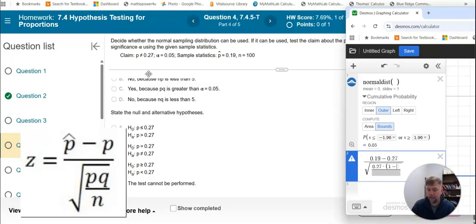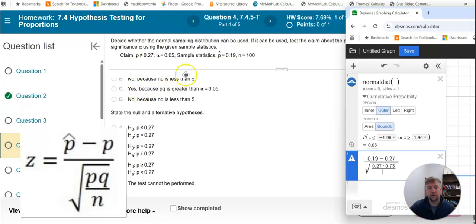You can do 1 minus 0.27, or if you can do that calculation in your head, the way you do it is, what do I need to add to 2 to get to 9? That would be 7. And then what do I need to add to 7 to get to 10? That would be 3. So 0.73. So I would just write it as 0.73 personally, but you can also just do 1 minus the value of p.